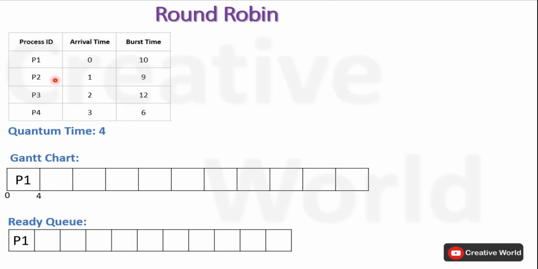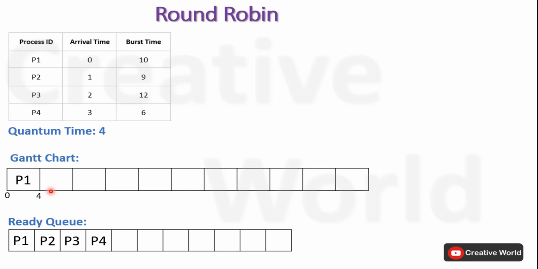P2 arrived first, then P3 and then P4. So all of these processes will be executed next, so they will be placed in the ready queue. As we discussed earlier, after the completion of quantum time, a transition occurs.